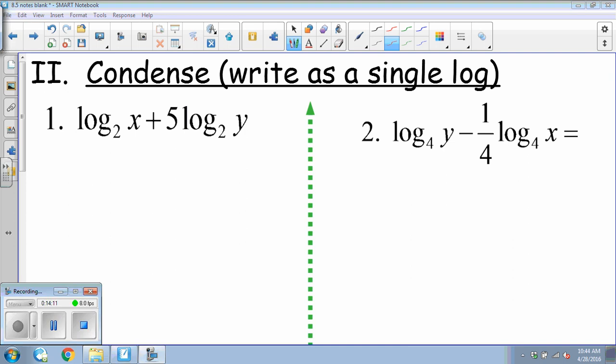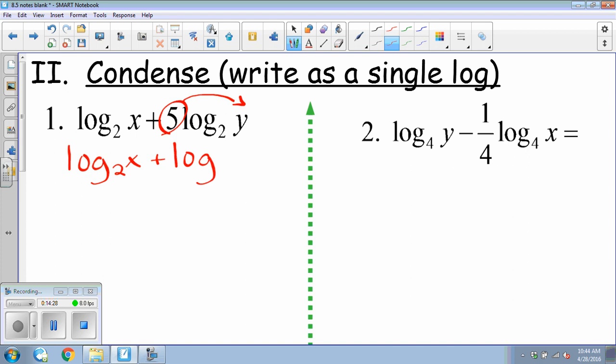Okay, so what's the only exponent you see in number 1? That's the 5, right? So we have to take this 5 and put it back with the y. That's y to the 5th. So this is log base 2 of x plus log base 2 of y to the 5th.